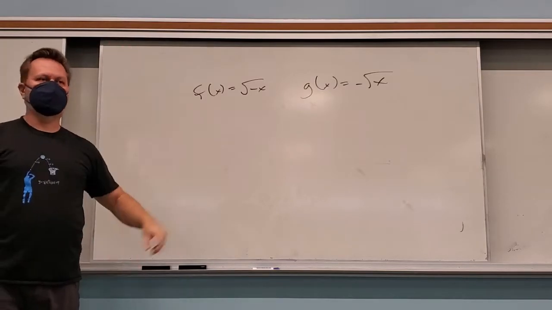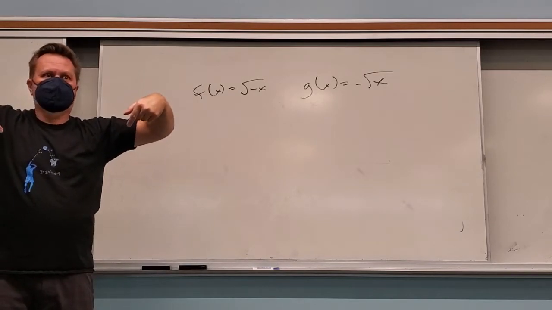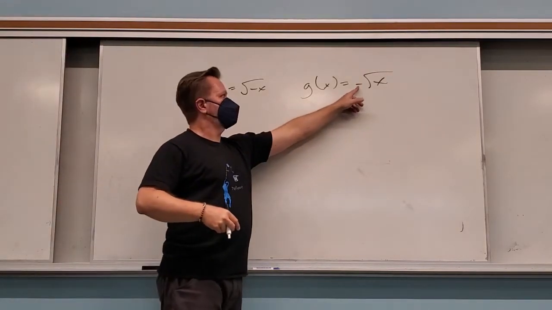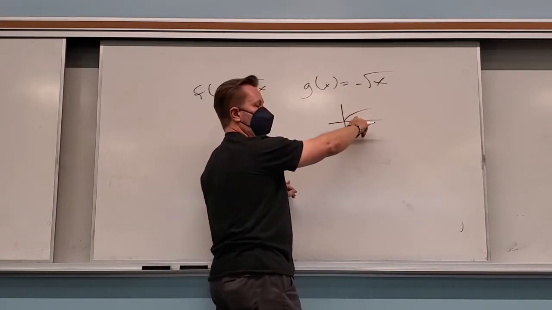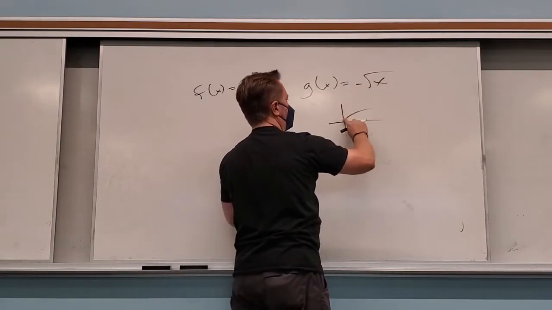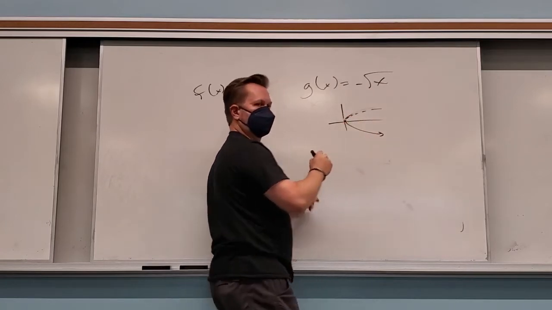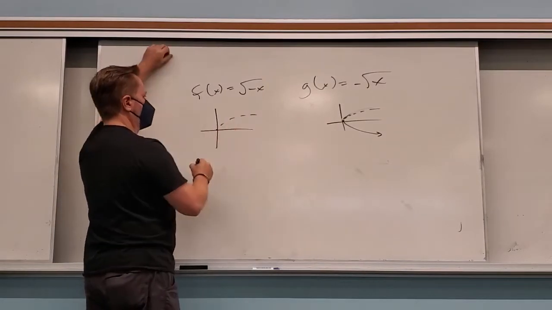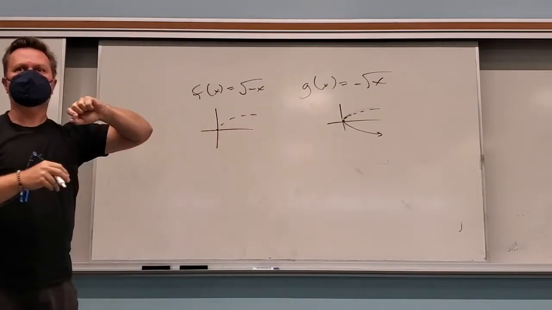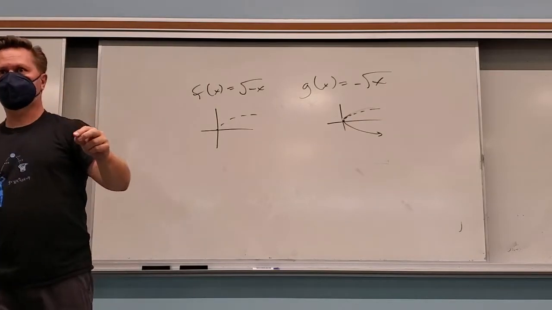The first one or the second one would reflect over. It's outside, that's up and down. This is the base graph, its reflection will look like that. What about this one? It's in with the x, left and right, so it's going to reflect to the left.